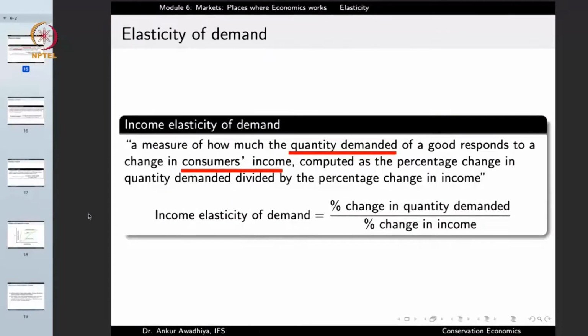And when the income increases, the demand for the movie ticket increases. When income increases, the demand for ice creams increases. When income increases, the demand for clothes would increase. So there are certain products for which the income elasticity is very high. On the other hand, for things such as necessities, the income elasticity is pretty low.